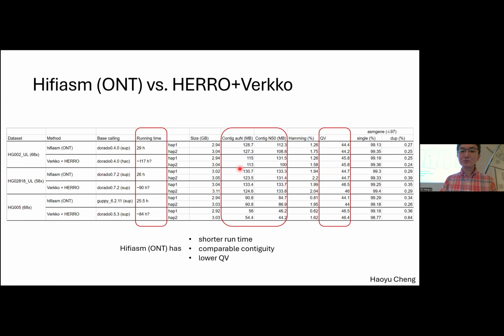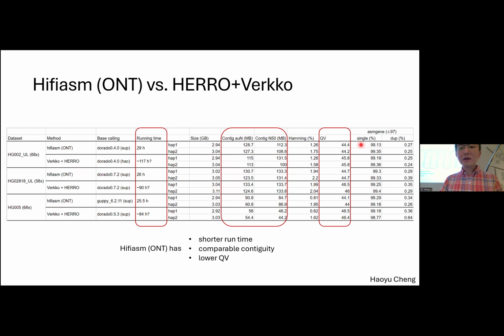Given enough coverage. And we also compare the HiFi versus the Workle and the Hero assembly. I think generally the N50 is comparable. This is HiFi, this is Workle. Maybe a bit longer, but it's around the same range.